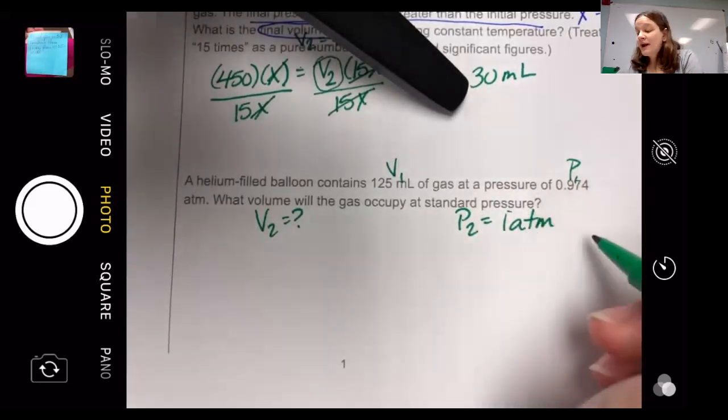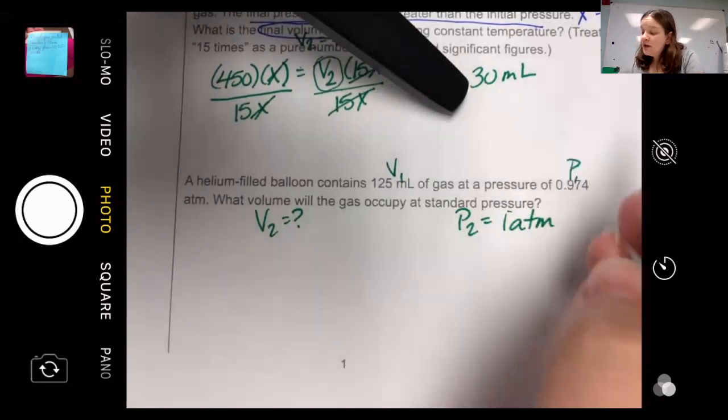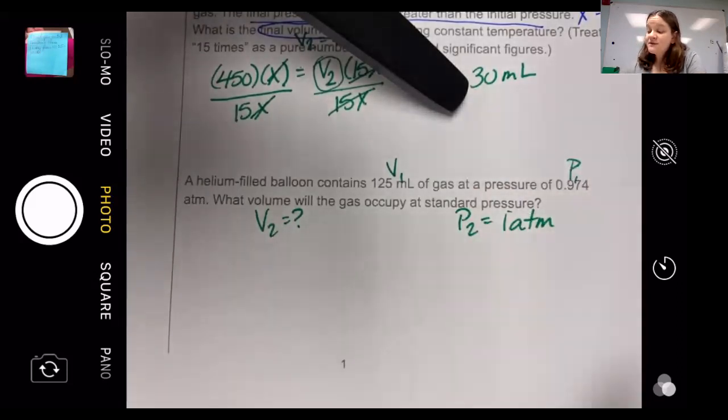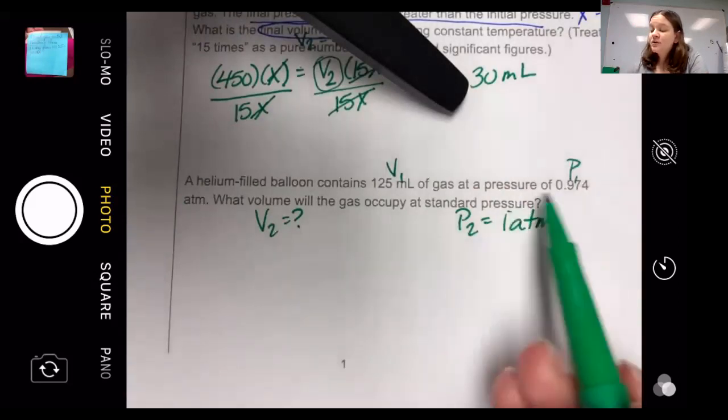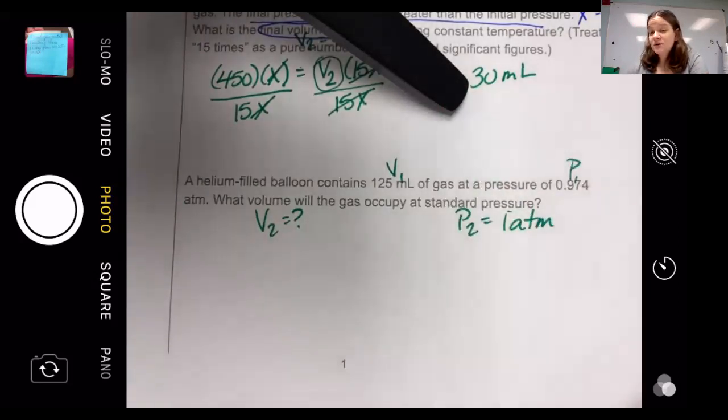Standard pressure is 1 atmosphere. Because I was given this in atmospheres, this works out fine. If I had been given the pressure in some other units, I would have to convert my 1 atmosphere to those units, which isn't that hard because it's either going to be millimeters of mercury, where it's 760, or 101.3 kPa. Okay, those are things you should have memorized.